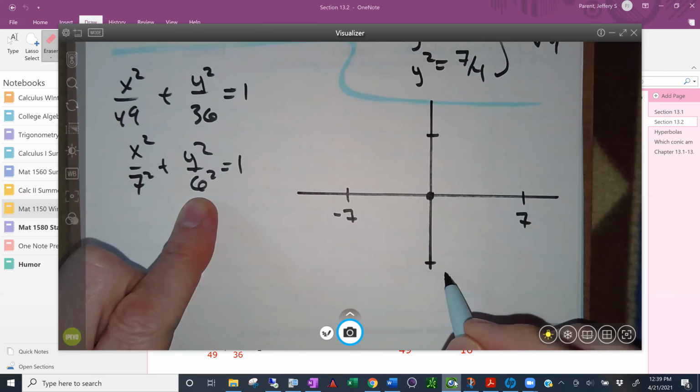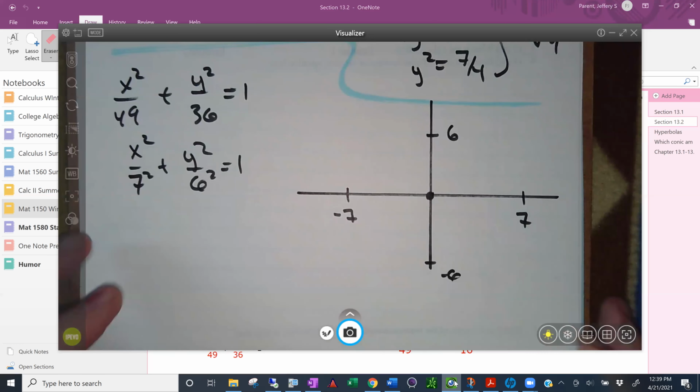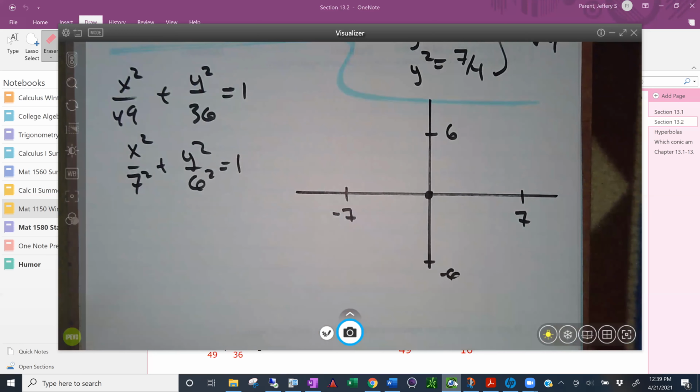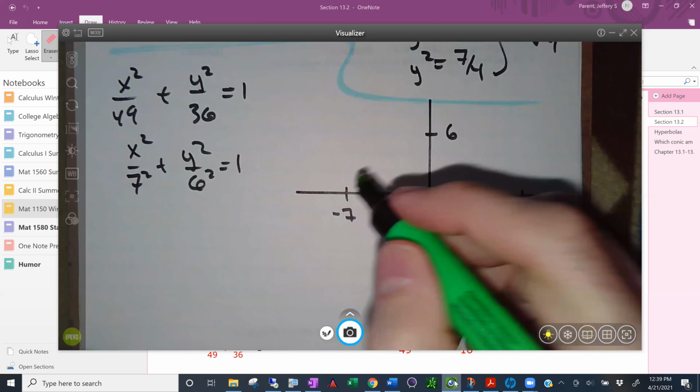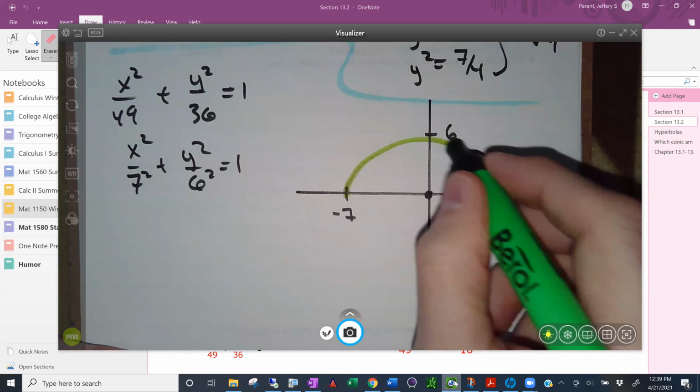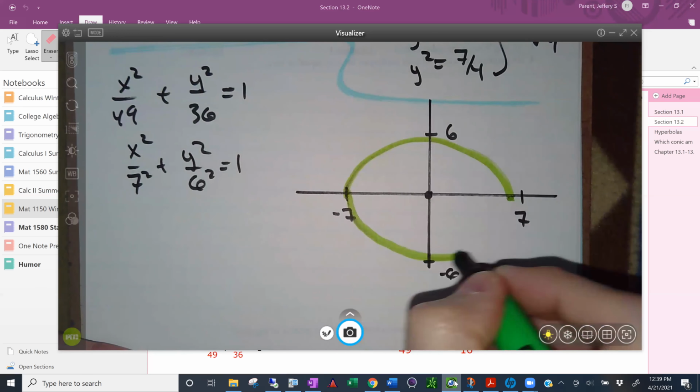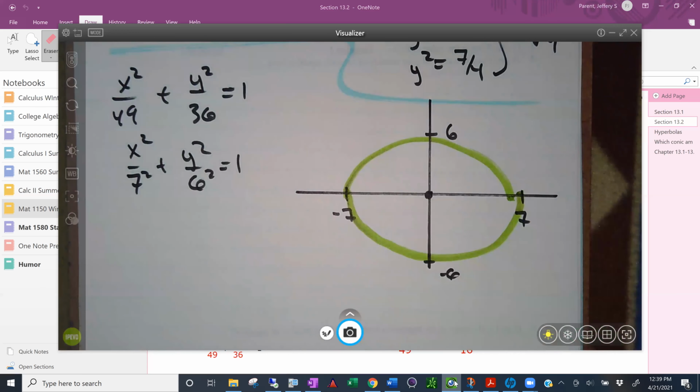So -6 and +6. And those 4 points are your vertices. And then it's just a matter of playing connect the dots. And there's your ellipse.